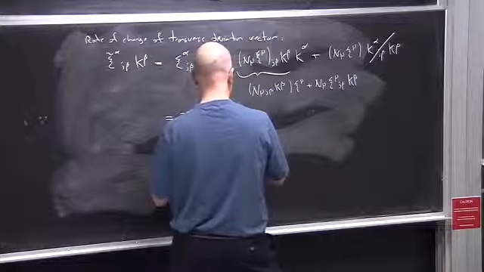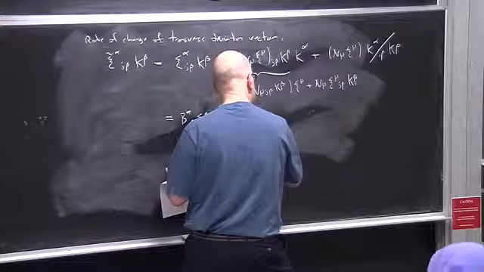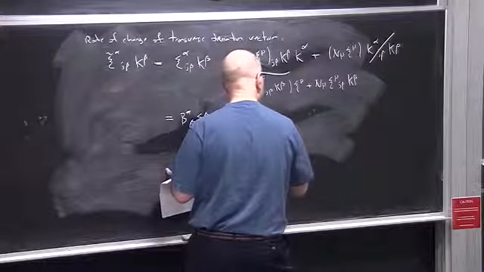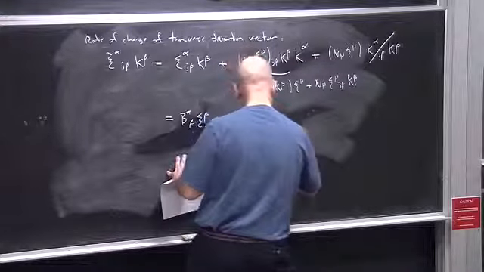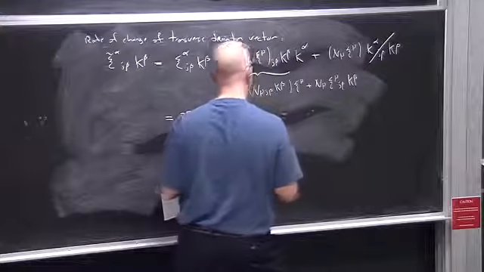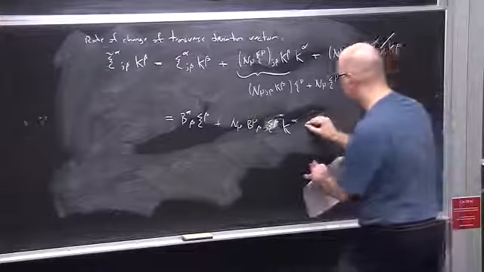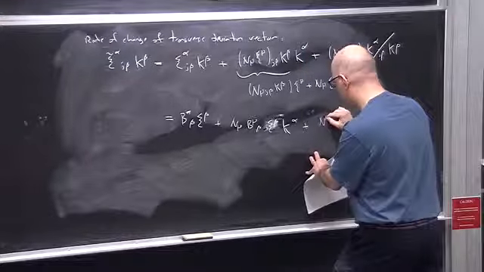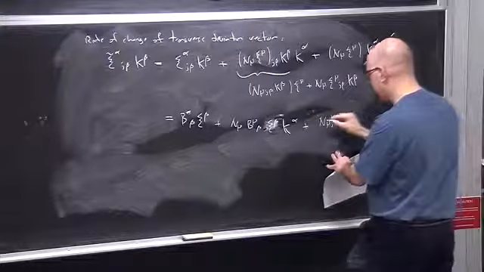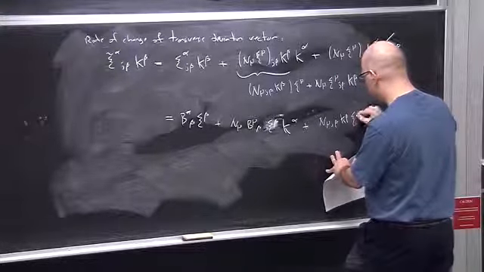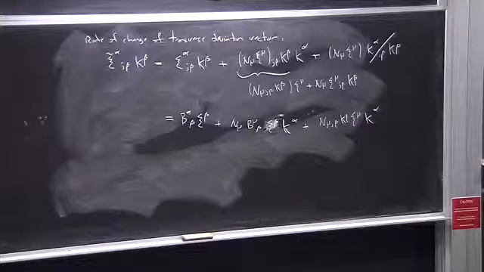Yeah, this is another b. So let me write this term here. So we get n mu, we get b mu beta k beta, xi beta, and we get k alpha multiplying that. And then we get this guy over here, and we get n mu differentiated k beta, and then we get xi mu, and we get k alpha. So it's a little bit messy, but it's going to simplify.